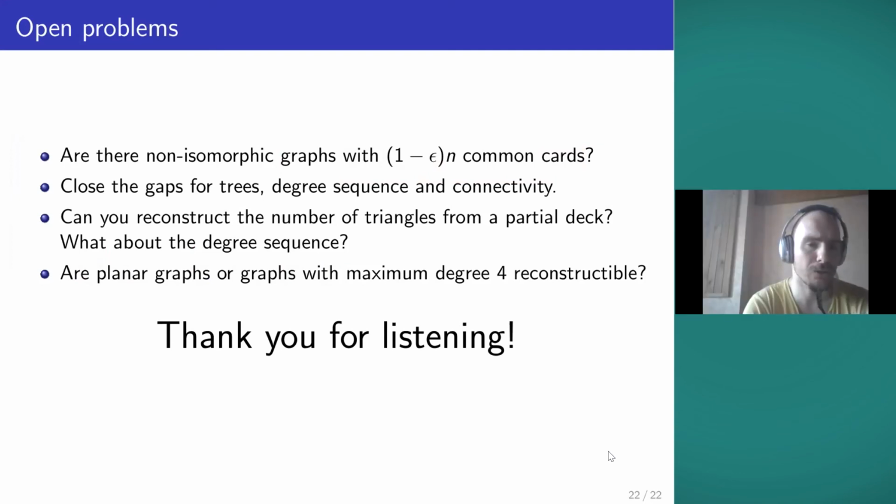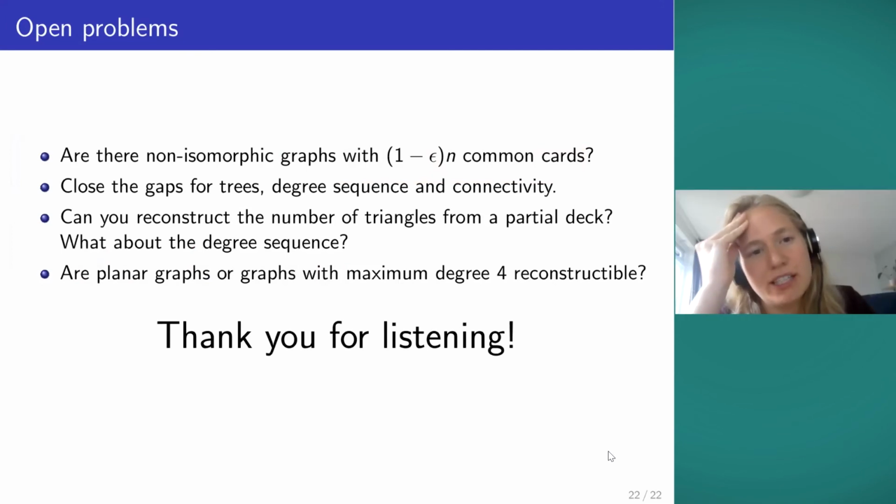But I think there are some examples as well where they show that any collection of n over 2 cards or something doesn't suffice. But I'm not completely sure of that.